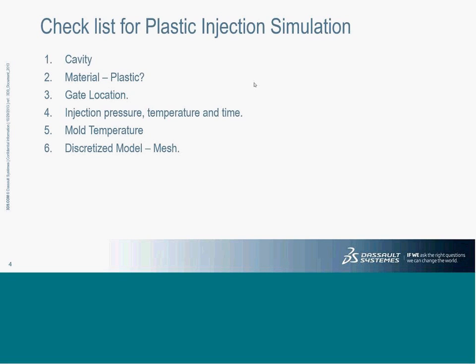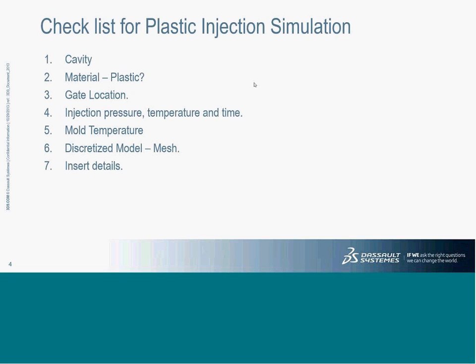I had a deeper discussion yesterday on what exactly that means. We divide this particular model cavity into multiple small entities, which are mesh elements, and that is nothing but the discretized model. Yes, and if at all there are any inserts present inside the specific component, we need an understanding of what those inserts are and those details.